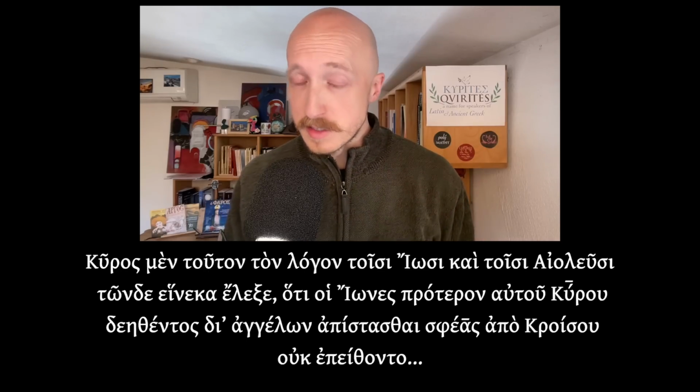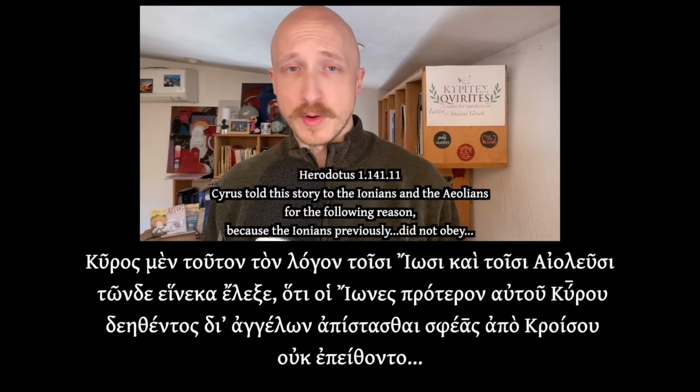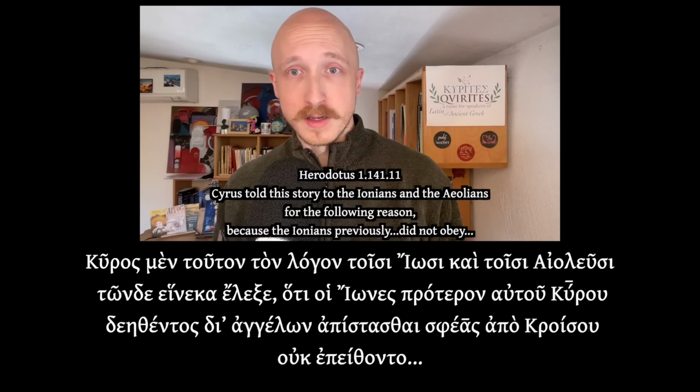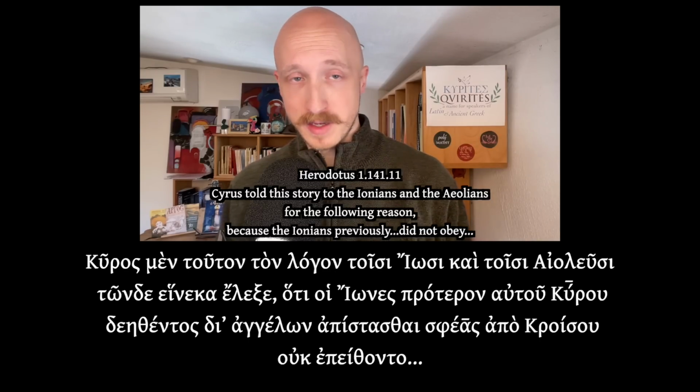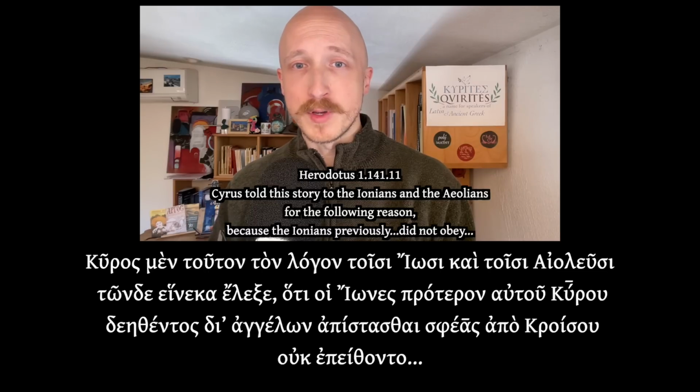What if you have a sentence like this one? This is from Herodotus. Gyros mentuton to logon toisiosi, kai toisi aiuleusi, donde heneca elexe. Oti hoiones protoron autu gyru, de atentos, de angelon, abistastai speas, apokroisu, u capetonto.